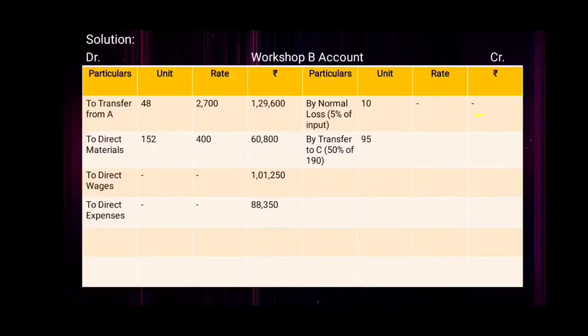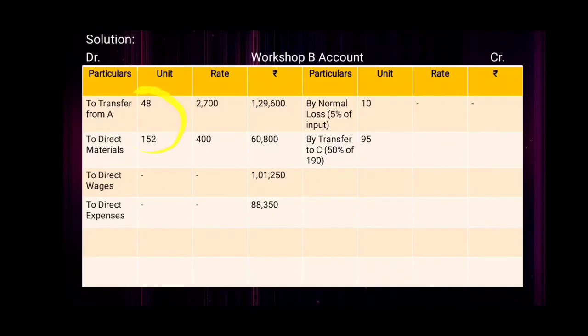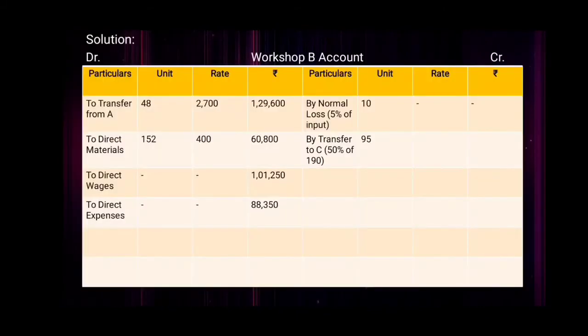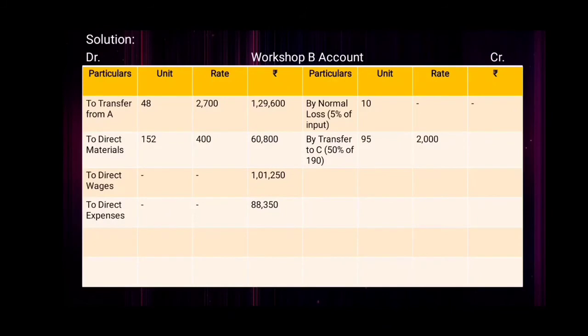Normal loss amount is nil, so it will be 0, divided by total quantity. Total quantity will be 48 plus 152, which is 200, minus normal loss quantity, which is 10, which is equal to rupees 2000 per unit. So let us record this amount, 2000. So the total amount will be 1,90,000.